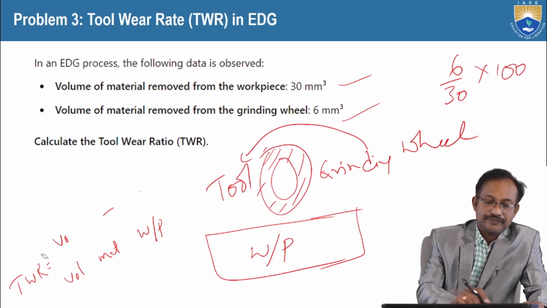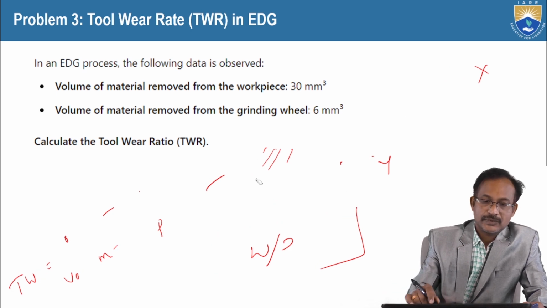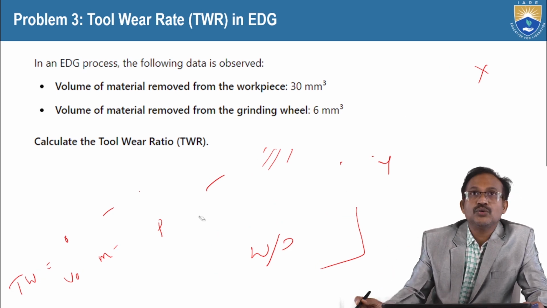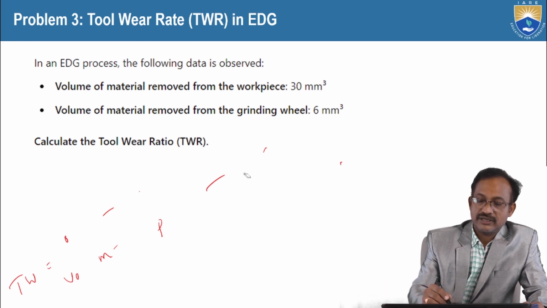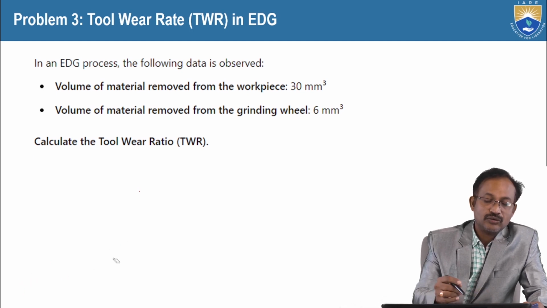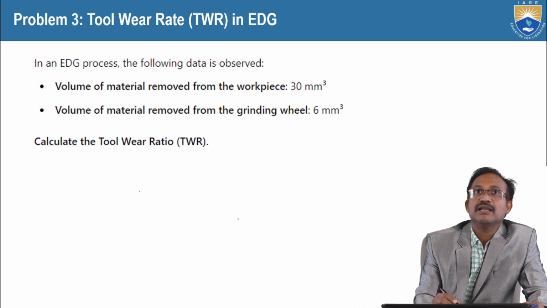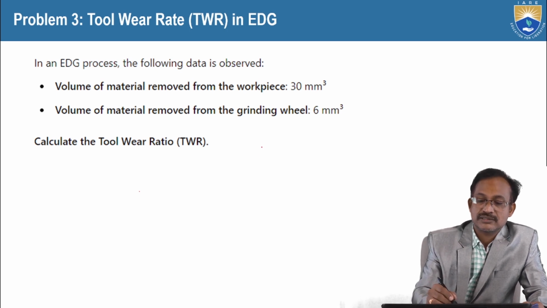Next, the third problem, calculate the tool wear ratio. Already we have discussed that for electro discharge machining or electro discharge grinding, the tool wear ratio TWR is the ratio of the volume of material removed from the tool or grinding wheel to the volume of material removed from the workpiece.